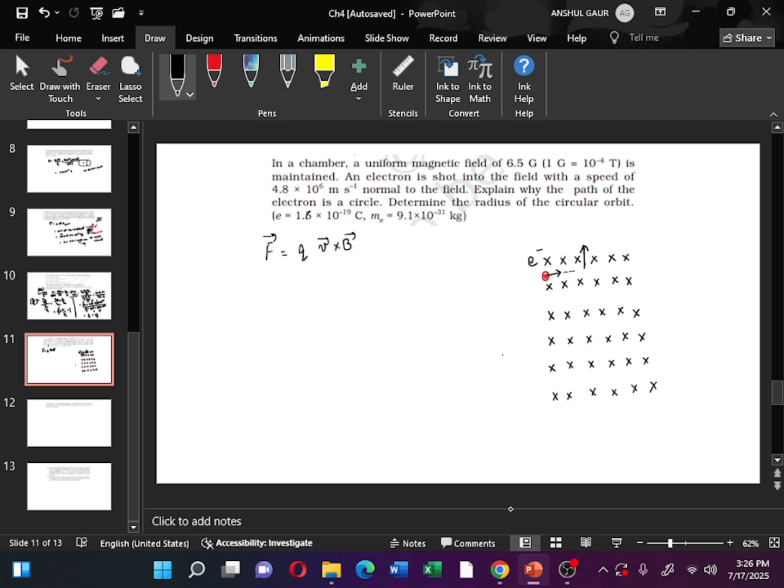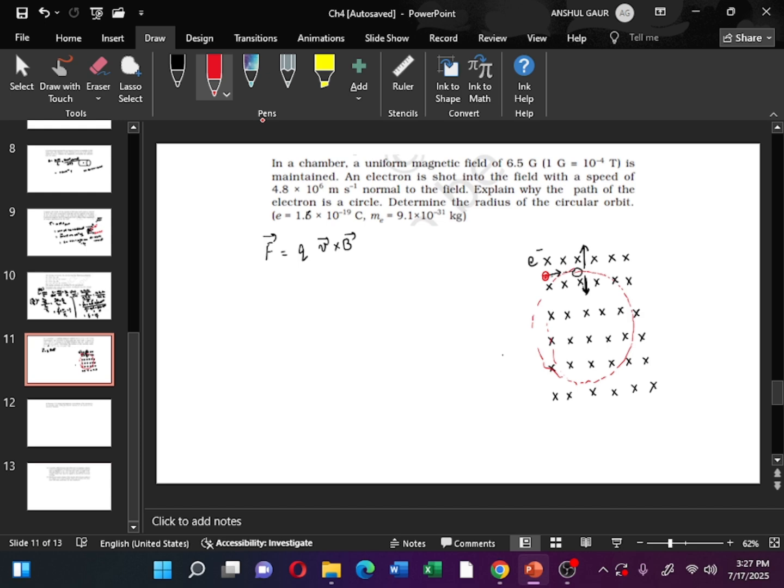But the electron is a negatively charged particle, so the force acting on the electron is in the downward arrow direction, and it will try to move the electron into the plane, but it will rotate the particle, and at every point of its journey it moves in the shape of a circle like this. So the electron follows a circular path.